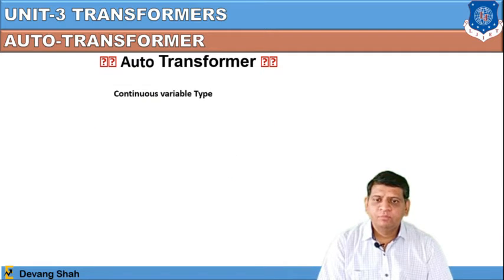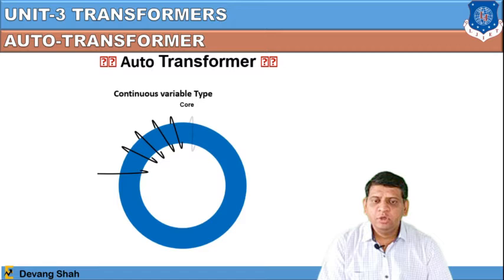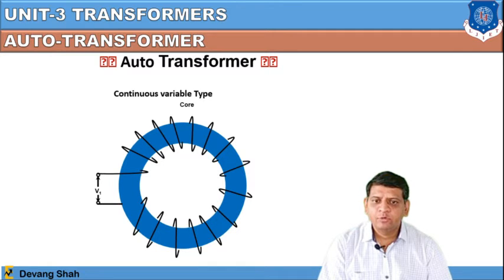Now the continuous variable type, in which we are much interested: you can see there is one circular core, and on this circular core there is a continuous wire, within one wire you wound this coil, where you apply the sinusoidal signal V1 between terminals P and N. I am taking this wiper, which you can consider as a handle, continuously moving throughout the coil.